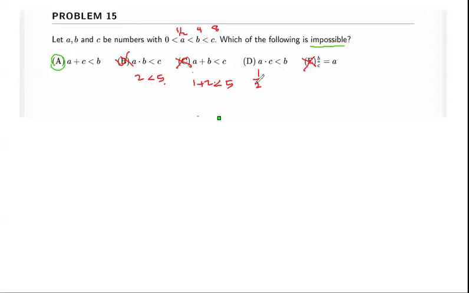But if I choose, let's say, 1 over 2, because it could be anything, and then I choose C as 4, that means A is 1/2, C is 4, the product is just 2. So B has to be larger than that. I can choose B as 3, which does work now. So this is also achievable. As you see, everything but A is possible, so A is not possible, okay? So that was choice A.